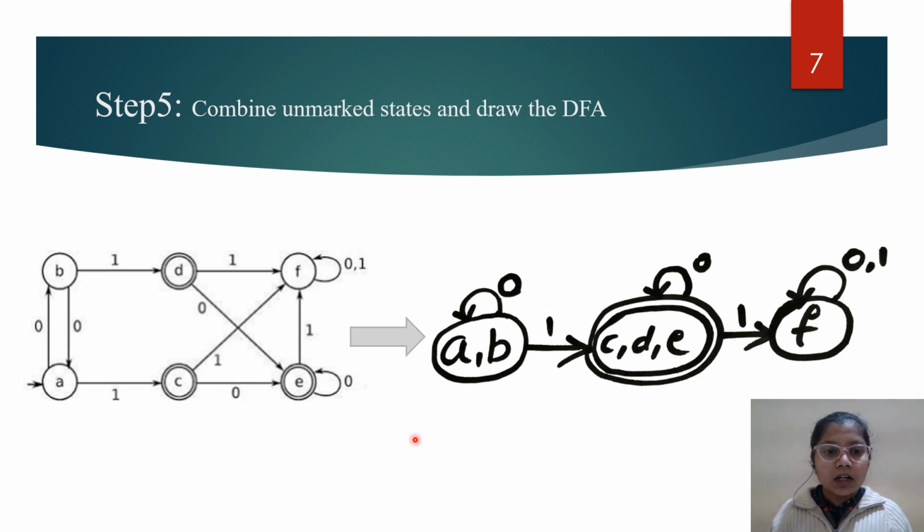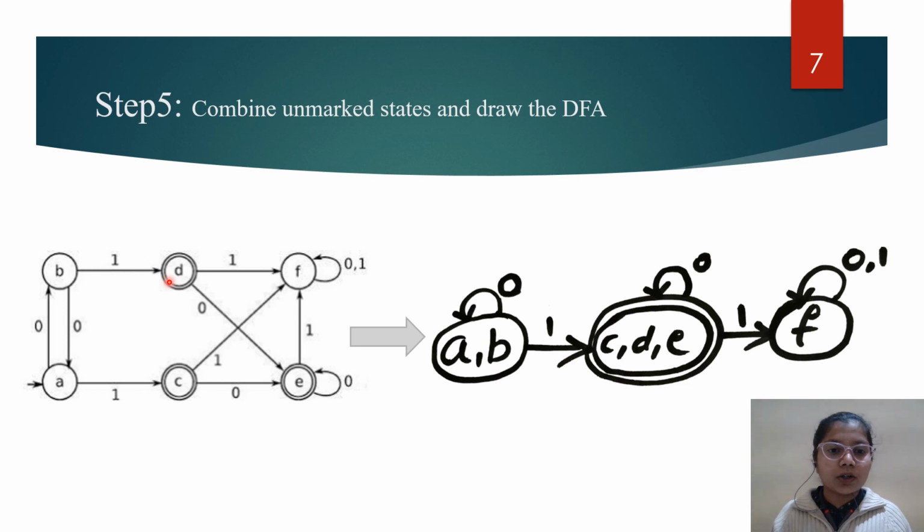Next, check the inputs for C, D. C on accepting 0 goes to E, so that is the self loop, and on accepting 1 it goes to the next state F. Next, D on accepting 0 goes to E, so it's a self loop.